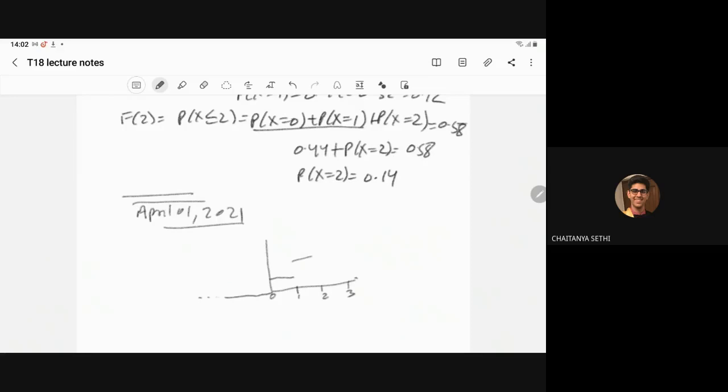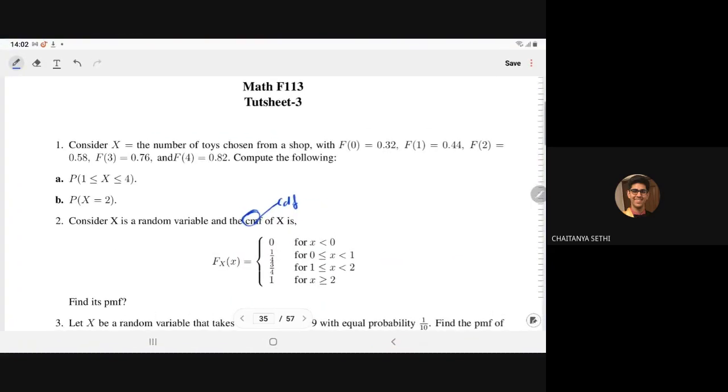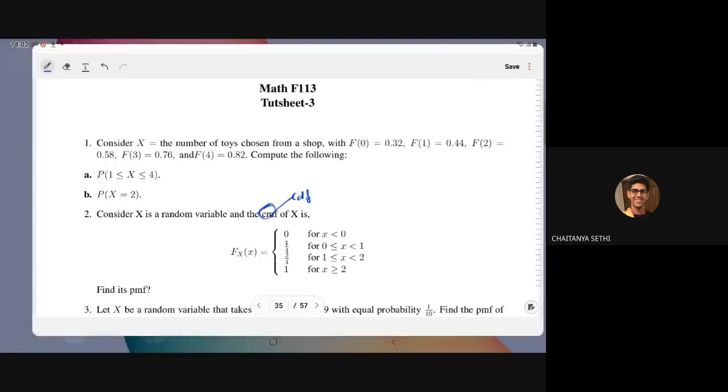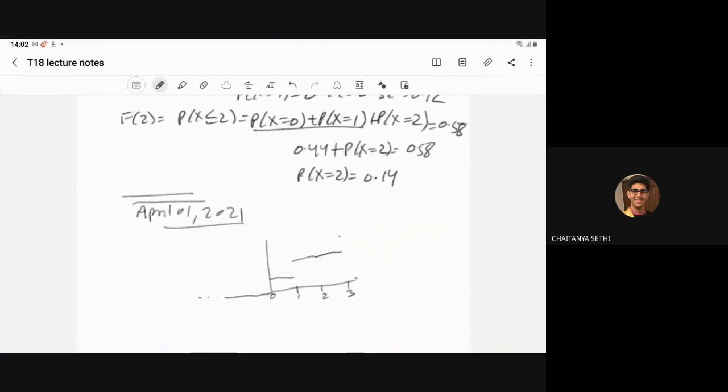For x between 1 and 2 it is 3 by 4, and for x greater than 2 it is 1.